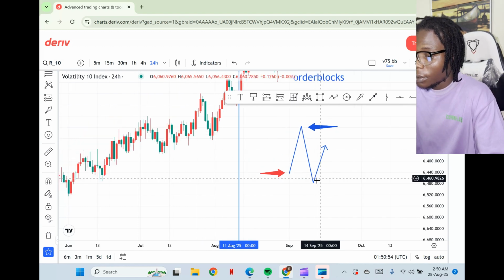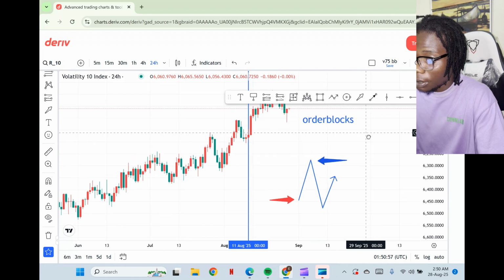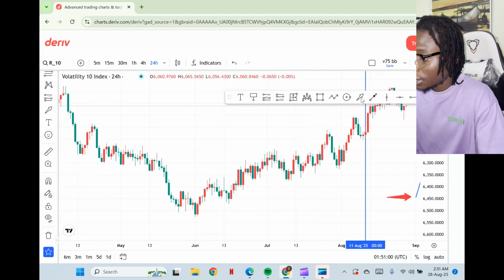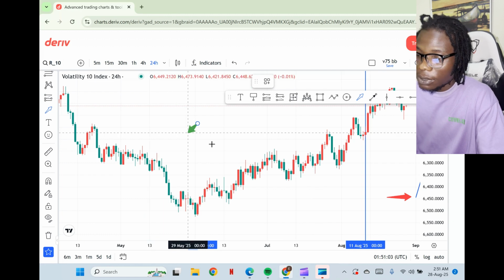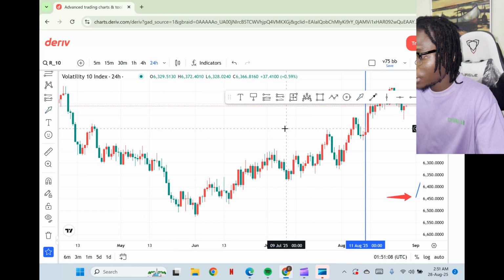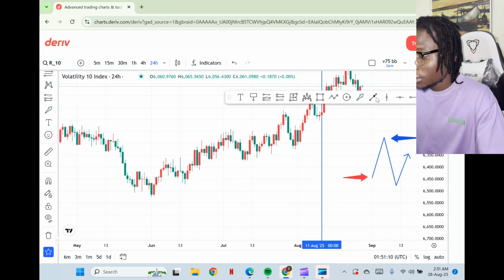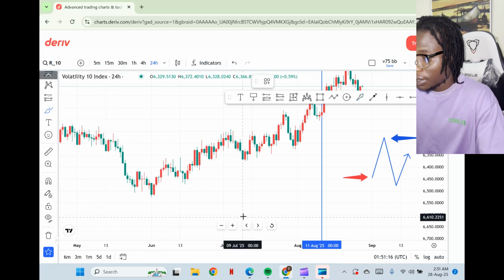Now let's get on the chart, where we'll start from the 24 hours. You can see we are on the 24 hours time frame, where the order block is found at swing high and swing low. Let me show you how an order block is drawn.